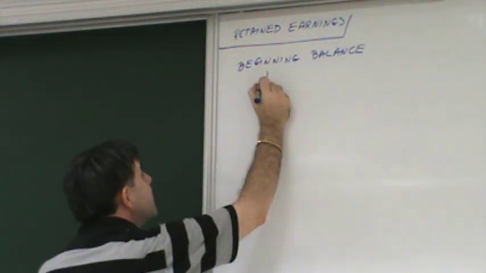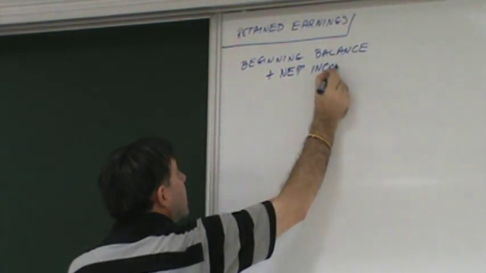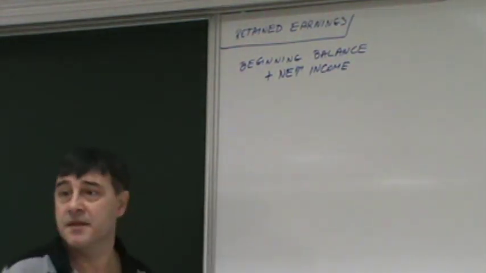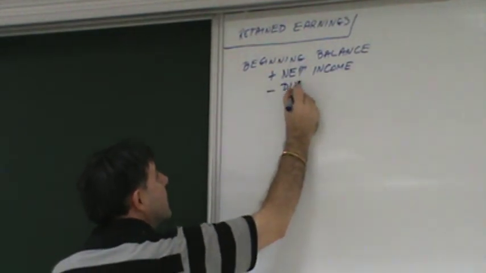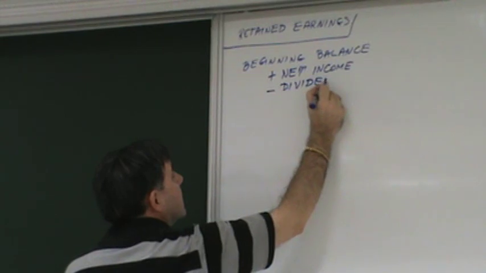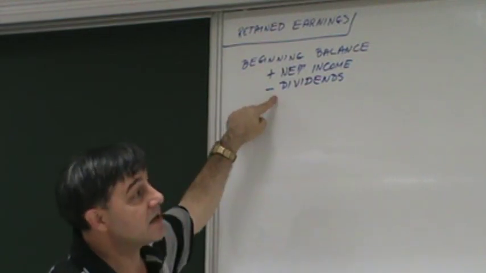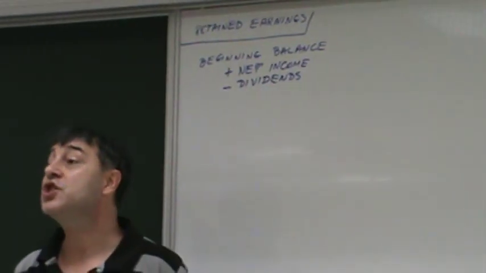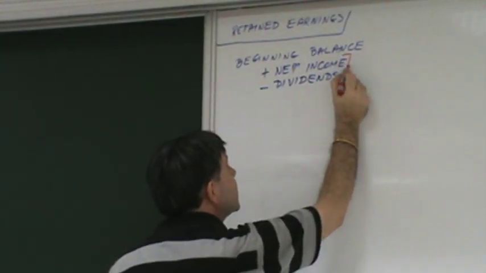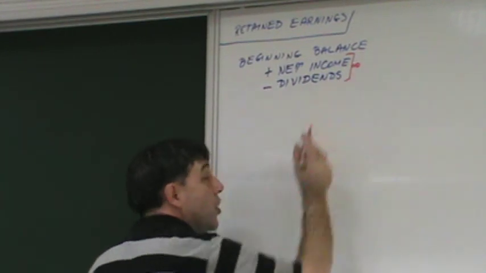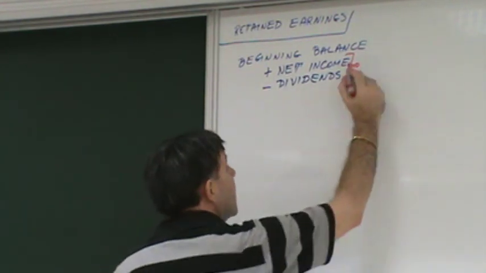And now you say plus net income, okay, the profit for this year, and then say minus dividends, okay. And what's the net income and dividends? The net income and dividends give you the change in retained earnings. So these two pieces jointly will give you change, or we call it increase in retained earnings.